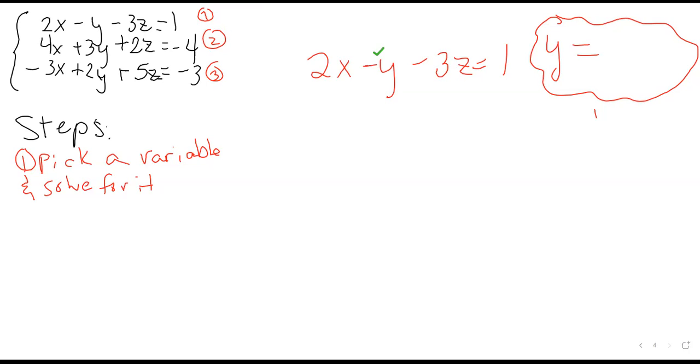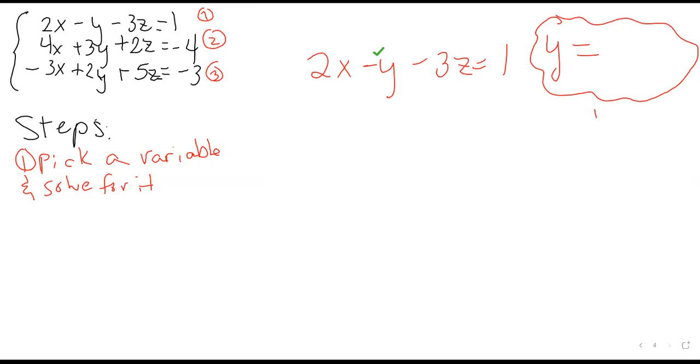My y is where I want it to be, right? Because I want y equals. So y gets to stay, but what else is on the same side as my y that shouldn't be there? What else is on the same side of the y that should be there or shouldn't be there?